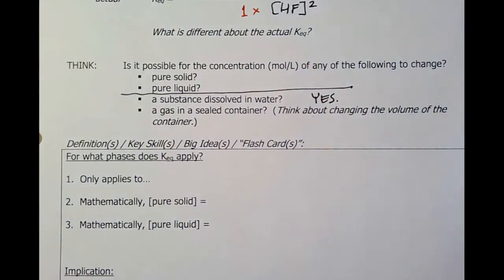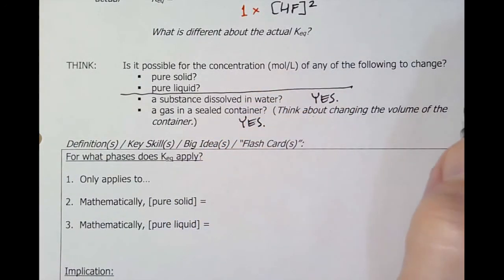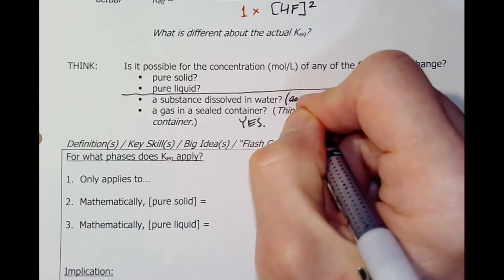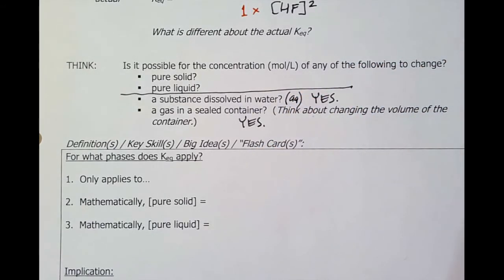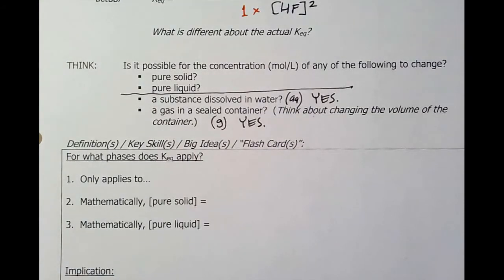What about gas in a sealed container? Sure, you could inject more gas in there and increase the concentration. You could make the volume bigger, which would decrease the concentration. So the answer is yes. Substance dissolved in water, you can change the concentration. A gas, yes, you can change the concentration.